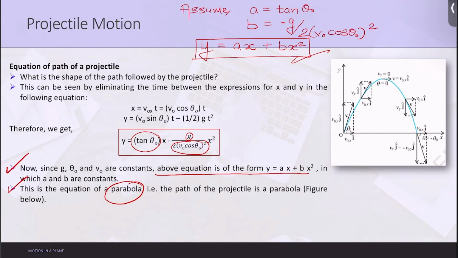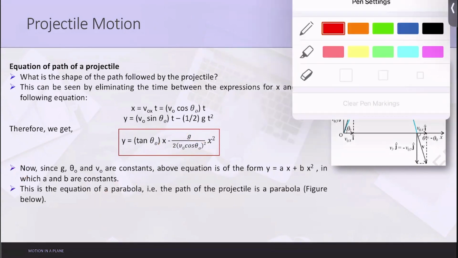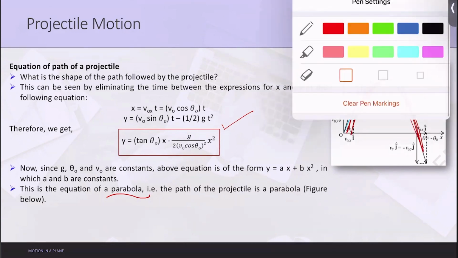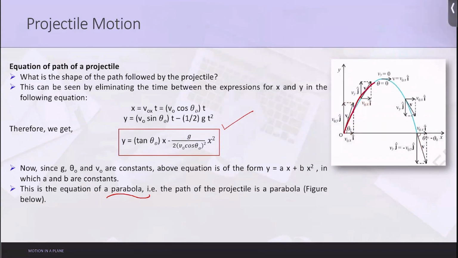So what is the final conclusion of this part? This is the equation of path of a projectile, this equation is a parabola, and that is why the path is basically a parabola. Okay, let us move forward.